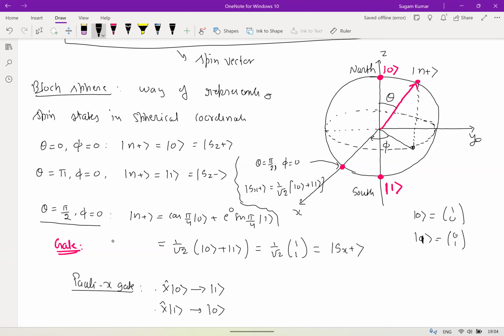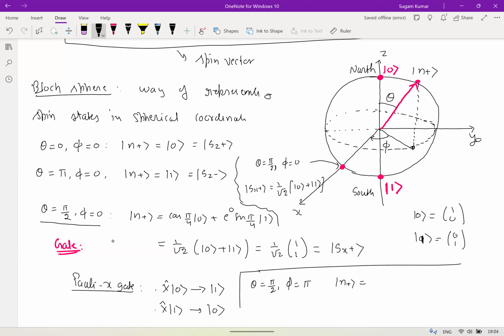Similarly, you can further calculate for other values. For example, if we talk about theta equal to pi by 2 and phi equal to, let us say, pi, then what will you get? Anyone? Sy?